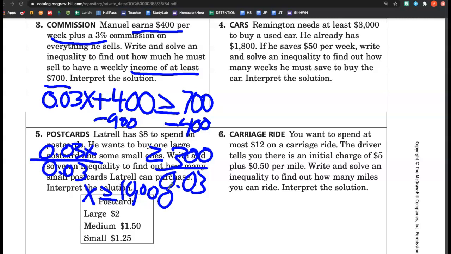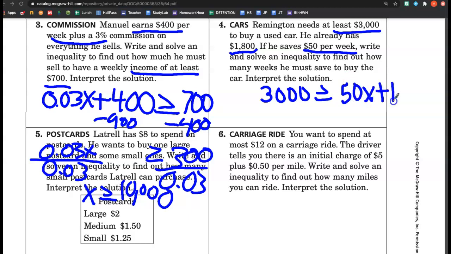So we need at least $3,000. He already has $1,800. Saves $50 per week. So it will be $3,000 greater than or equal to 50x plus 1,800.